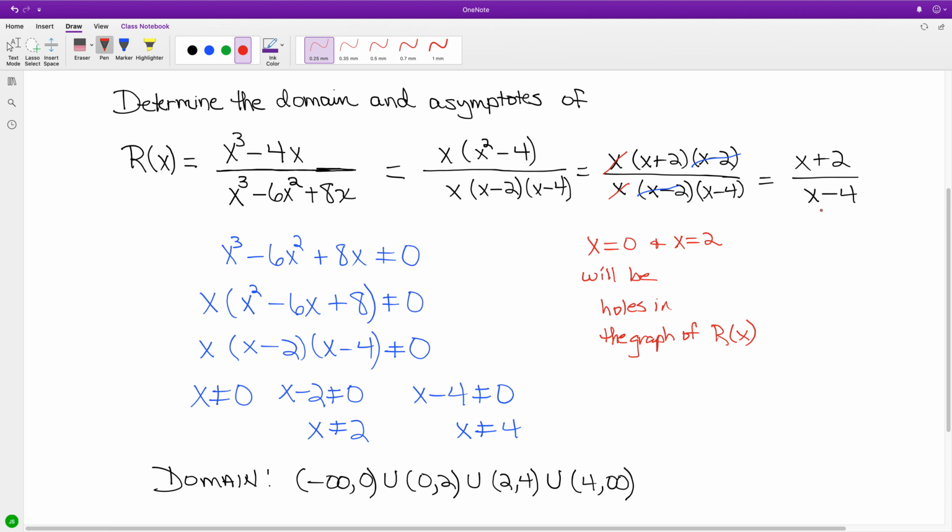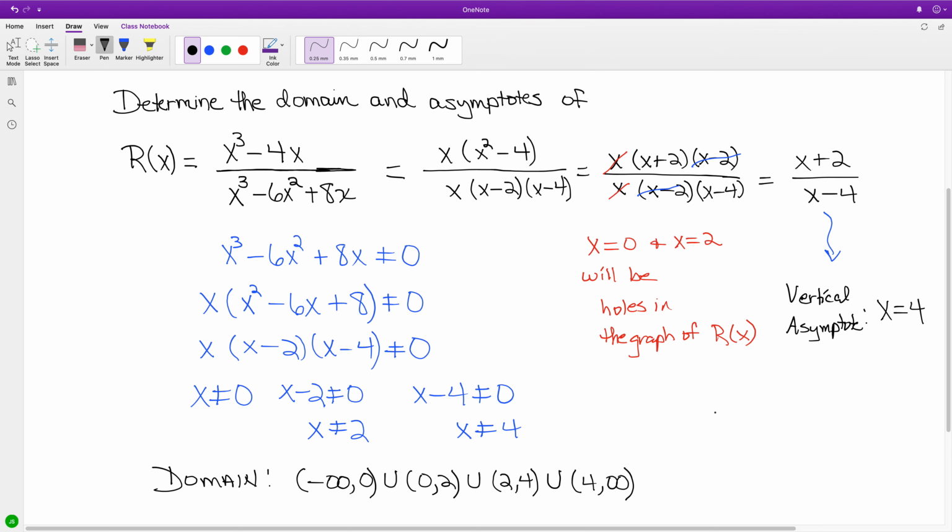And since we have x minus 4 sticking around, x minus 4 remains. So with this factor remaining, there's going to be a vertical asymptote. And the vertical asymptote is at x equal to 4.